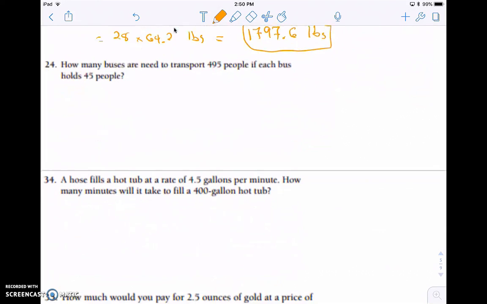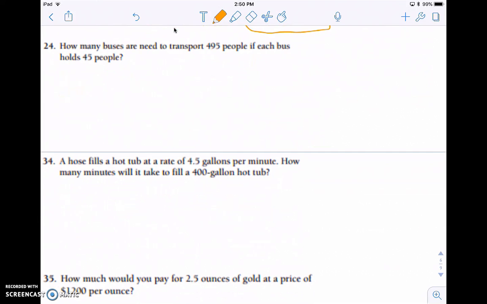So now let's look at another example. How many buses are needed to transport 495 people if each bus holds 45 people? So again, one bus can carry 45 people. So we're going to have one bus per 45 people for one fraction, or we're going to have 45 people for every one bus. And we have to determine which one we're going to need to use.